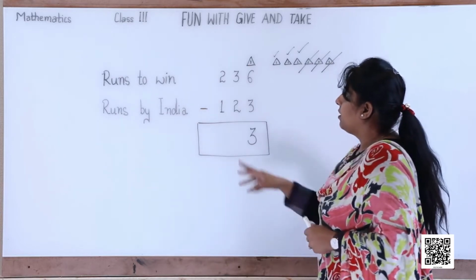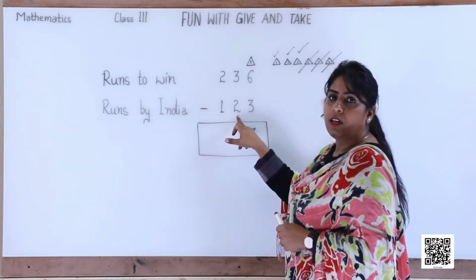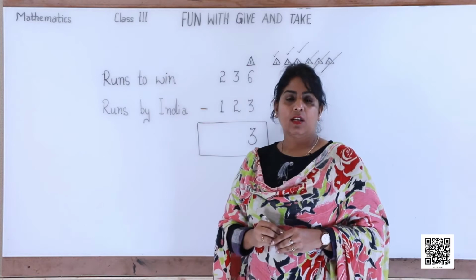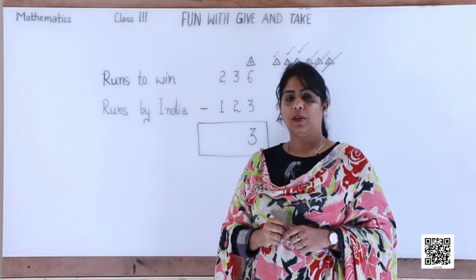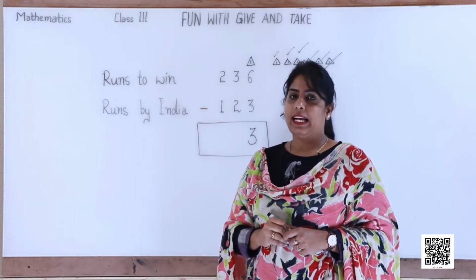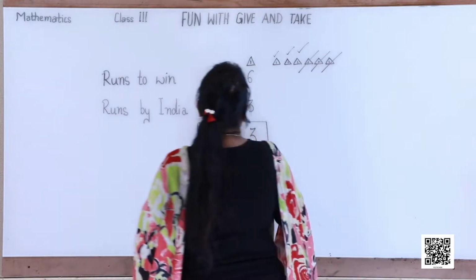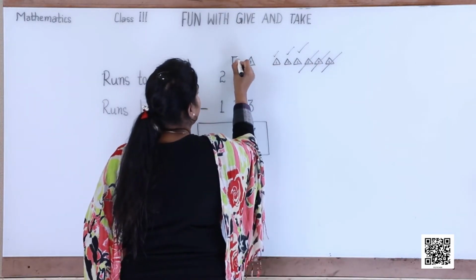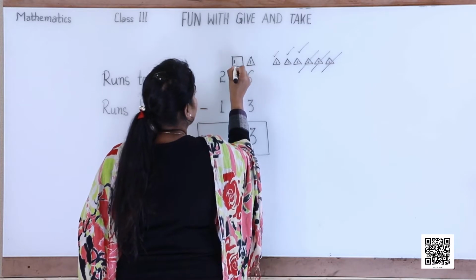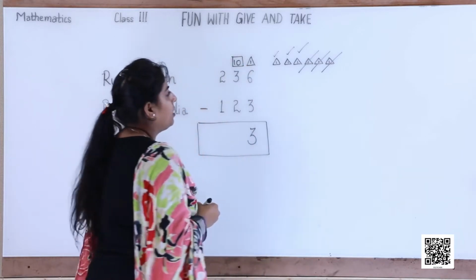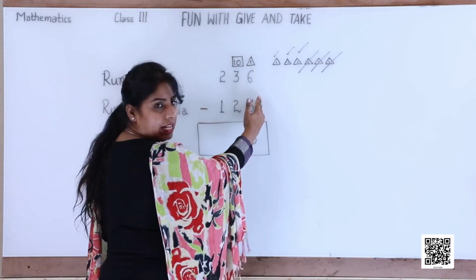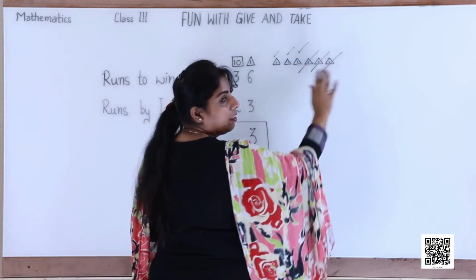Now dear children, this is the tens place. Let's denote tens with some other figure or shape. What do you want? Okay, let's take a square. Let's denote the tens place with squares now. Since we have already done the ones side, we will rub it.